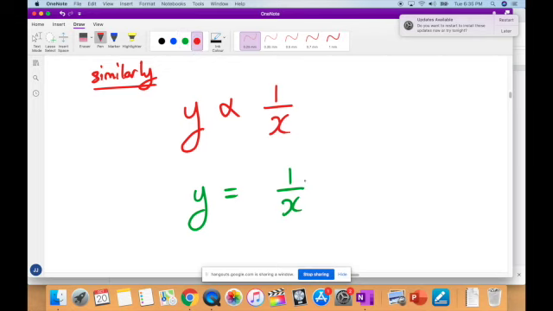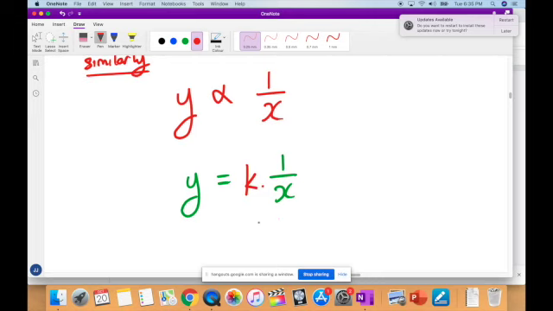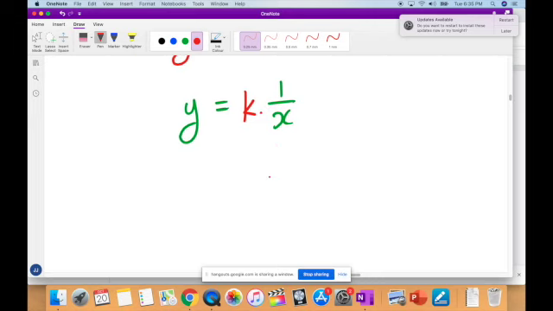We can see here that this is inversely proportional, and we're going to put the constant of proportionality in front of it. Yeah? So because we put the constant of proportionality in front there, remember when it comes to multiplying fractions, this is actually K over 1 being multiplied by 1 over X. Right?